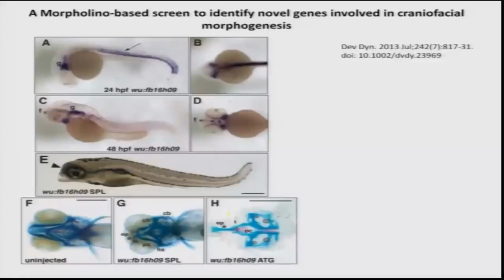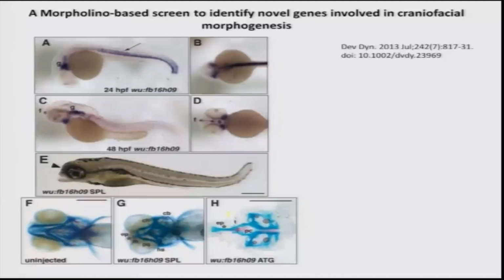So, in this study shown on the screen, they have looked at a large number of genes. They have used morpholinos to affect the function of the genes, and looked at which genes affect the skeletal, the craniofacial development, because these are all conserved genes, and the same gene functions in a similar way in humans as well.